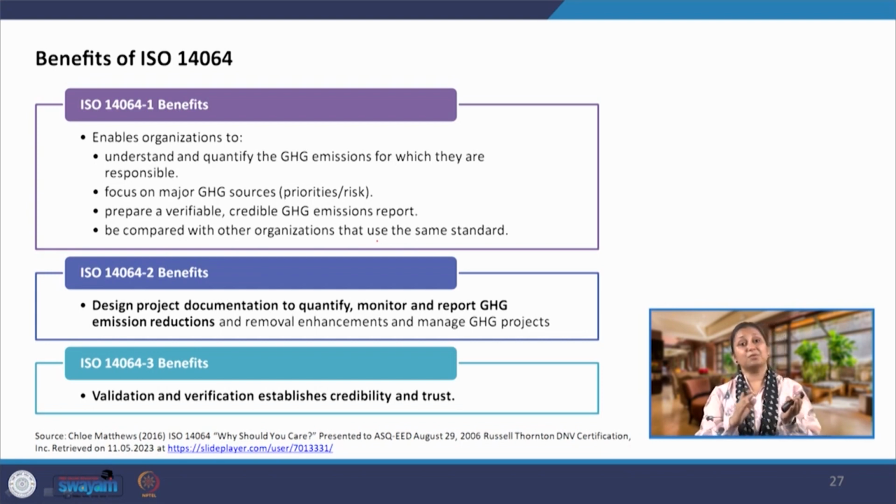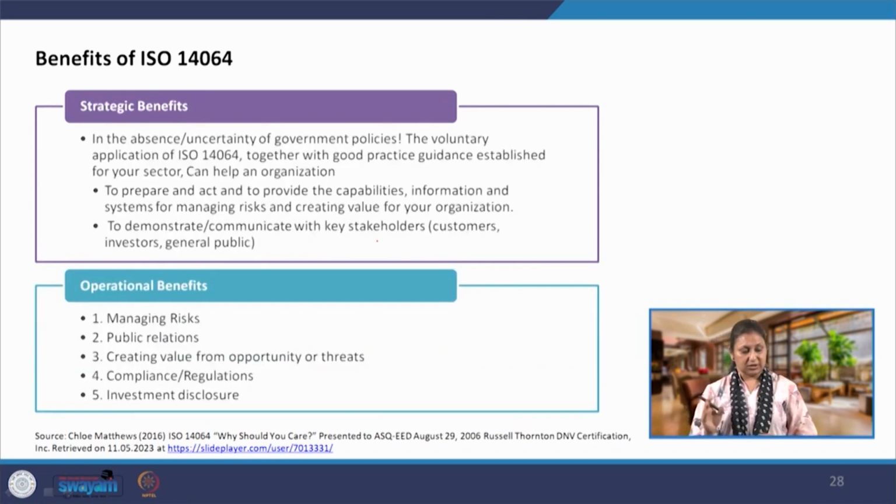So, they will be able to improve gradually. Overall, it will help in measuring, verifying, reporting GHG emissions, and eventually reducing them. This will be a trusted report, which is what we are ensuring through 14064 and the GHG protocol. The reporting that is going to be done is a verified, validated number, which is what these protocols and standards achieve.